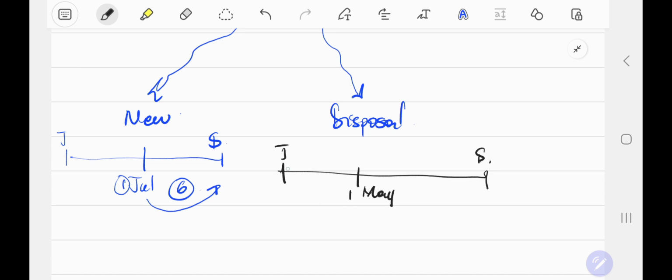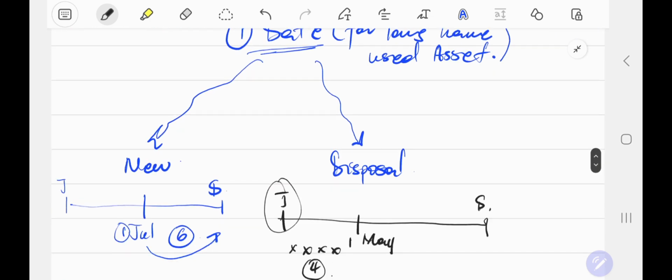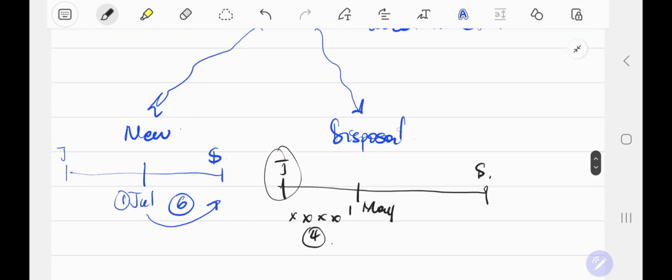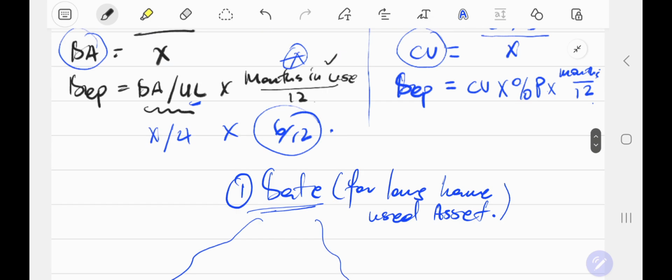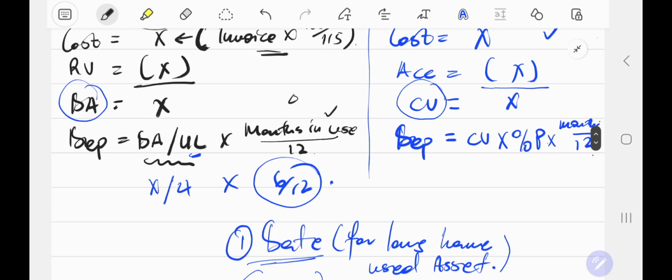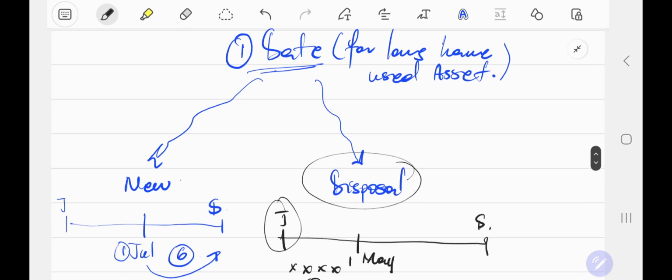When you work out the depreciation on the disposed asset, you are going to calculate from January. You used the asset for January, February, March, April, which is 4 months. So you'll take the depreciable amount, divide by the useful life, and then multiply by 4 over 12.